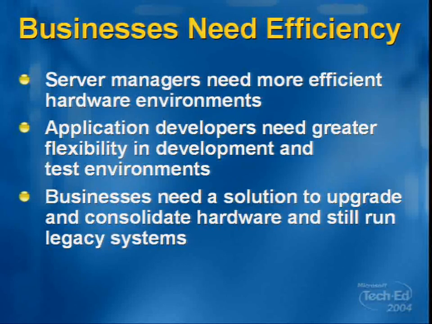So if you think about what has happened in the past with x86 platforms, you've got the hardware layer, you've got the software layer, and for the two to communicate, you've got this device driver layer. And the device drivers really treat the hardware as if they have the exclusive rights over that hardware.